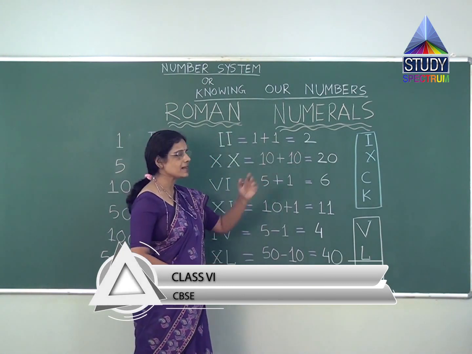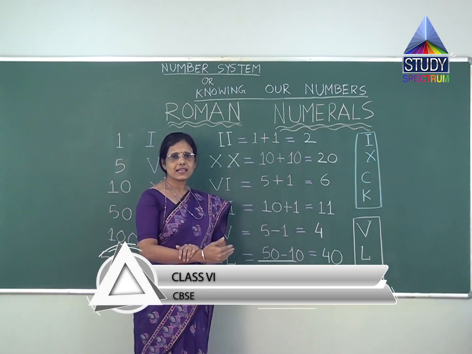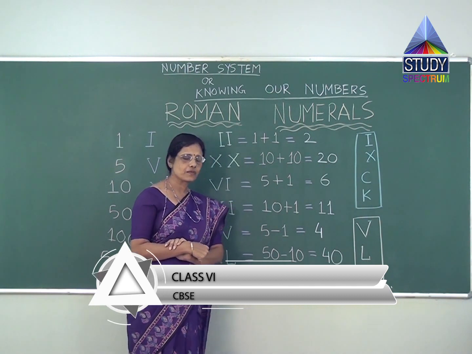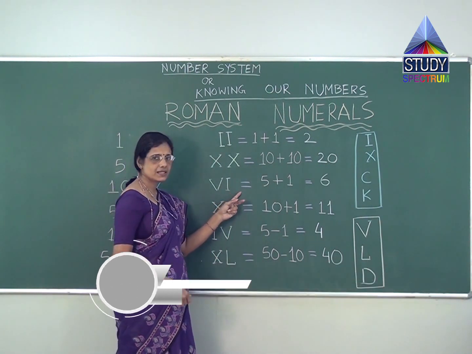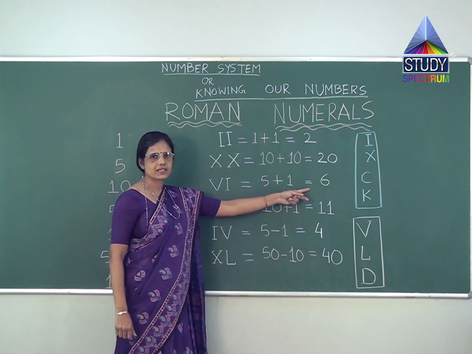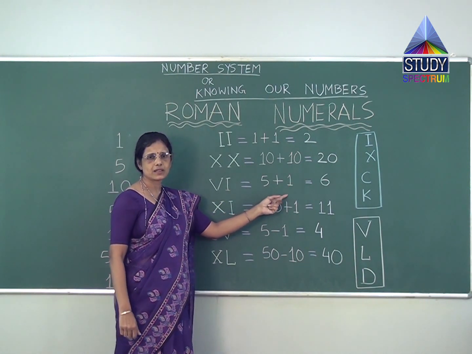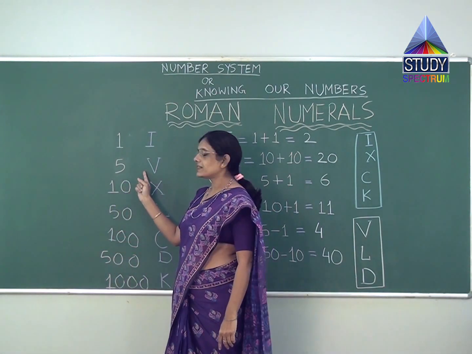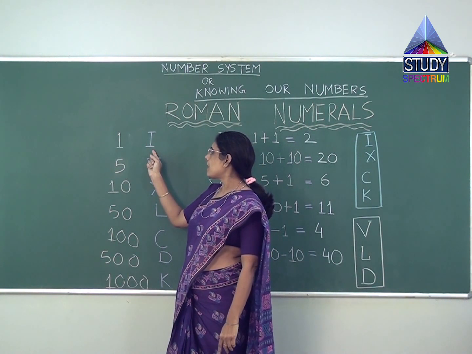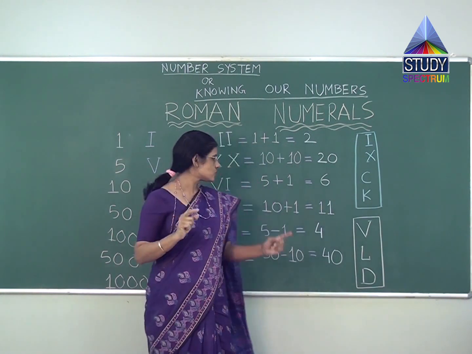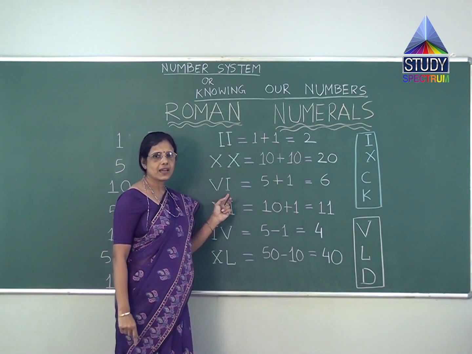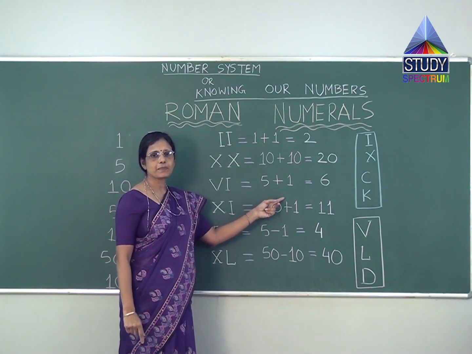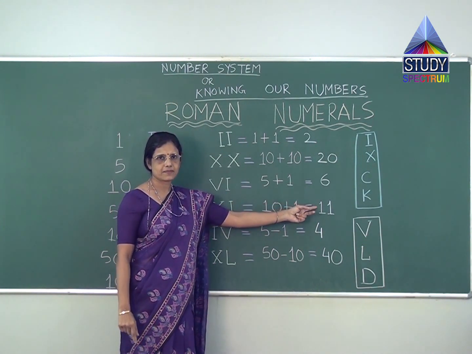Now how to write then 6, 7, 8 like this type of numbers? See one thing. For 6 it gives 5 plus 1, and 5 is what here? It is V. What is 1 here? I. So go on adding V and I, which gives 5 plus 1, 6.